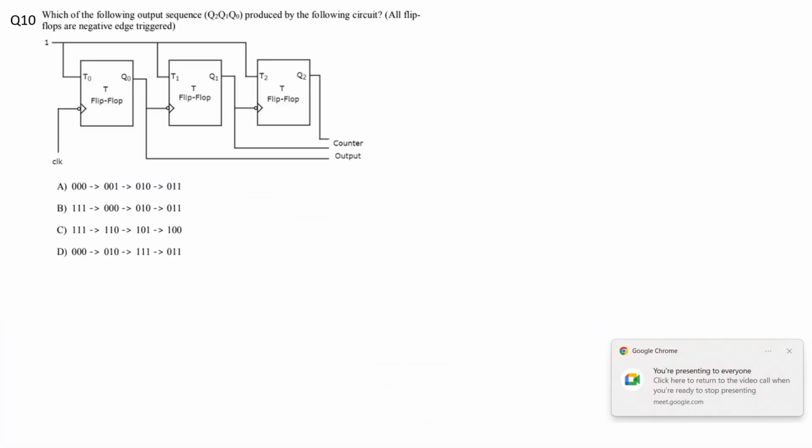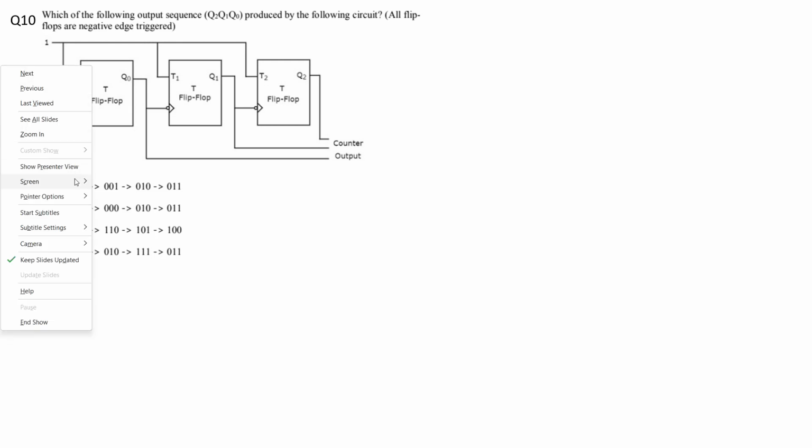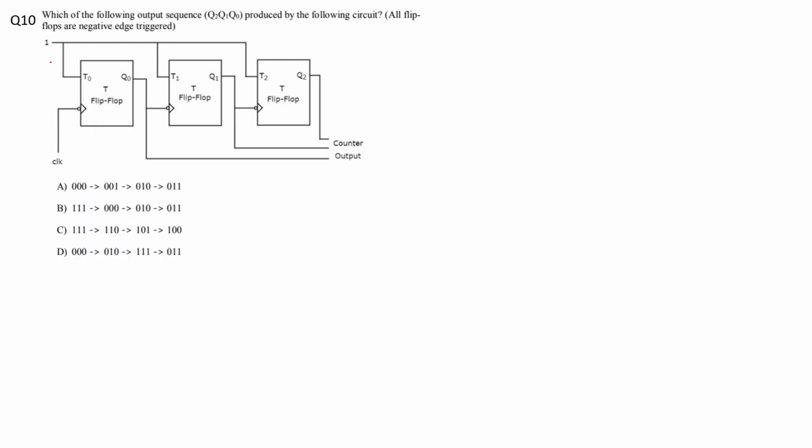Question number 10 asks us, which of the following output sequence Q2, Q1, Q0 is produced by the following circuit. So we need to find the output sequence of the following circuit, and there is one note given in parenthesis that all flip-flops are negative edge triggered. So let me just examine the circuit first.